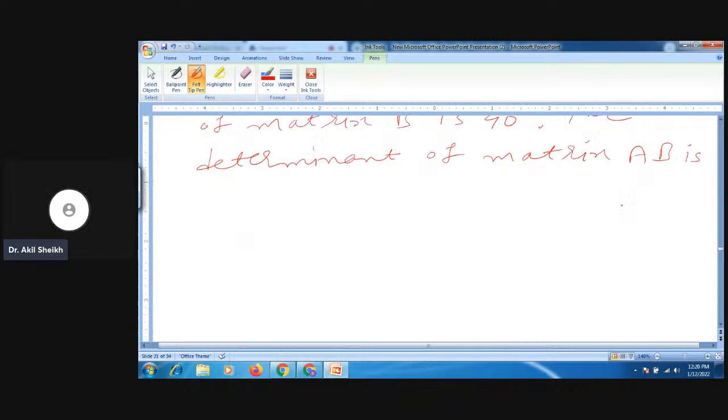Now, let us just solve this example here. Here, we are given that the determinant of matrix A is 5 and the determinant of matrix B is 40. Now here we have to find the determinant of AB.